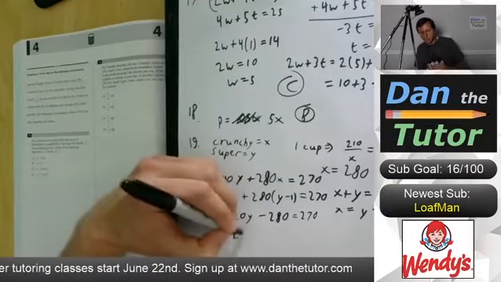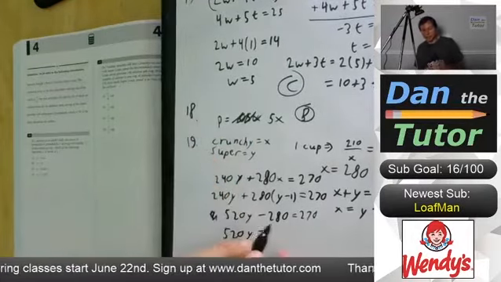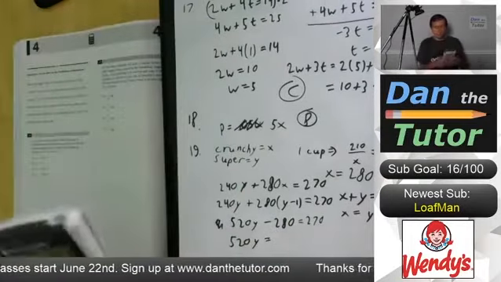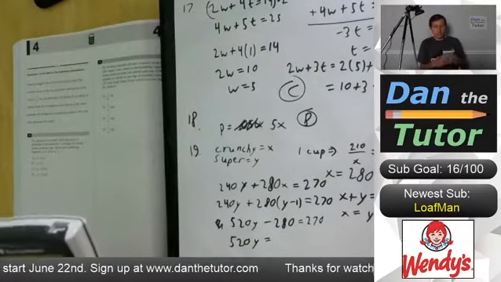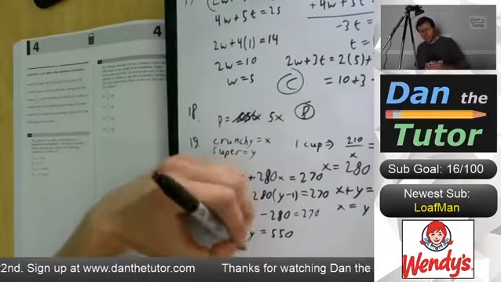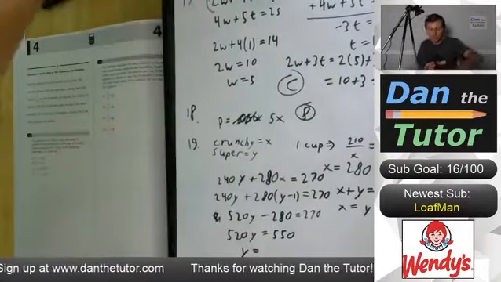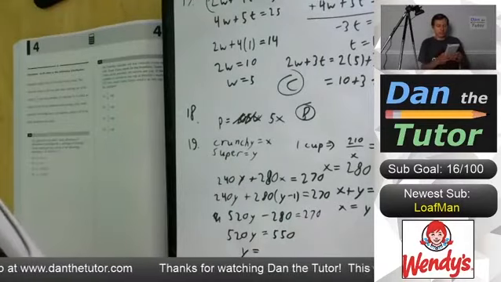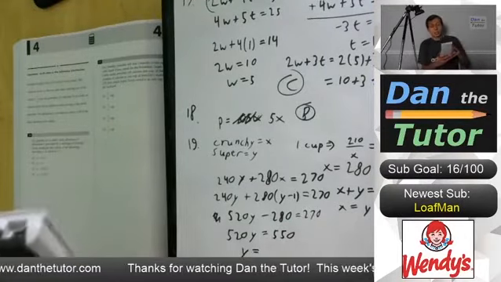So we get 520y is equal to 280 plus 270, 550. And then y is just going to equal 550 divided by 520. 550 divided by 520 gives us something wrong.